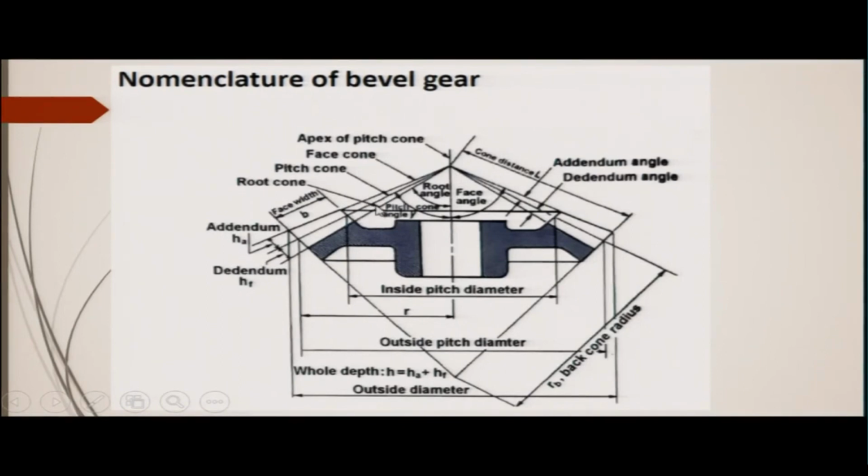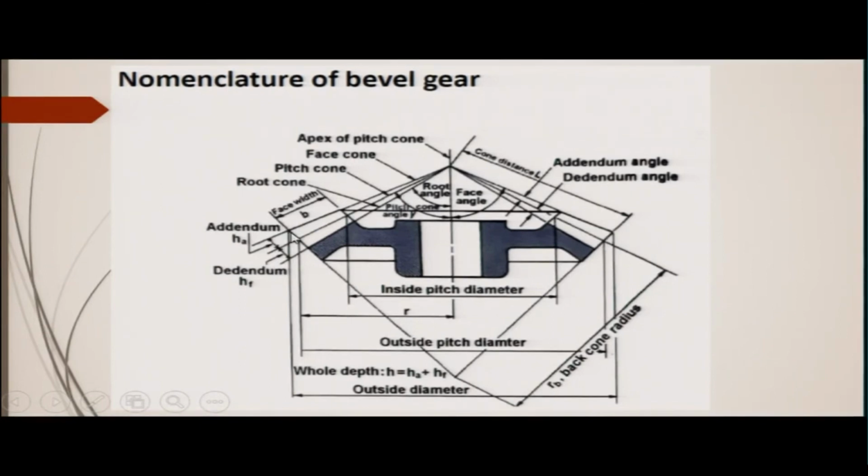In the case of a bevel gear, this is called the pitch cone. The other two lines, one is called the face cone, this one, and another is called the root cone. This is the root cone, this is the face cone, and for this tooth similarly this is the face cone and this is the root cone.